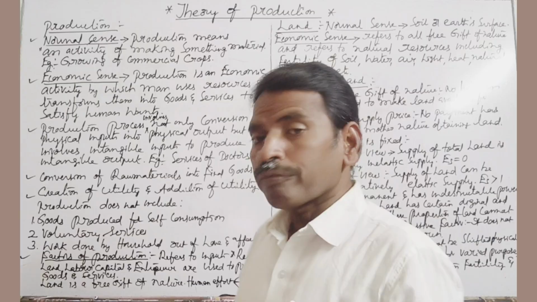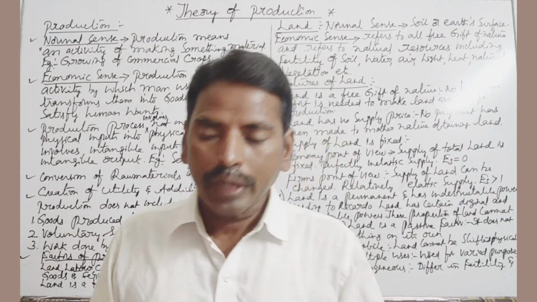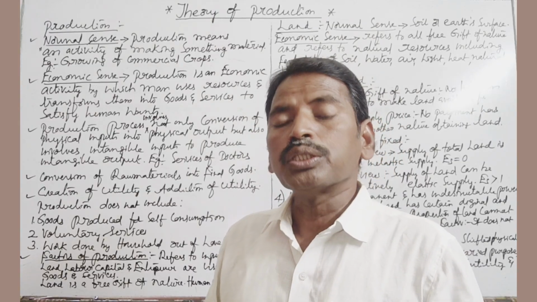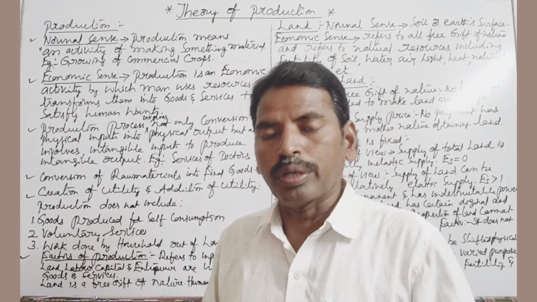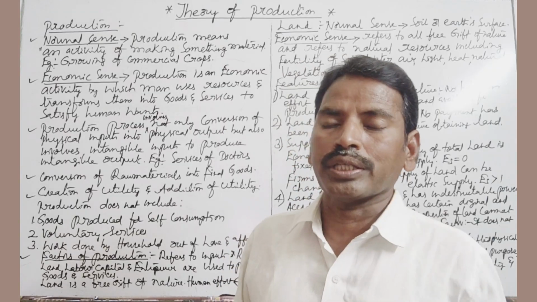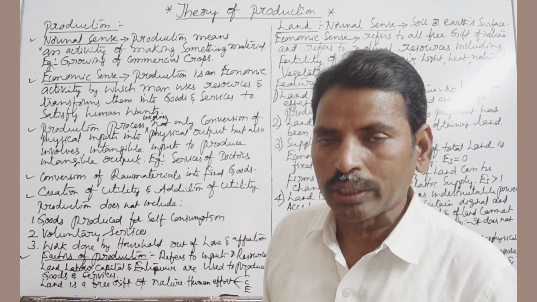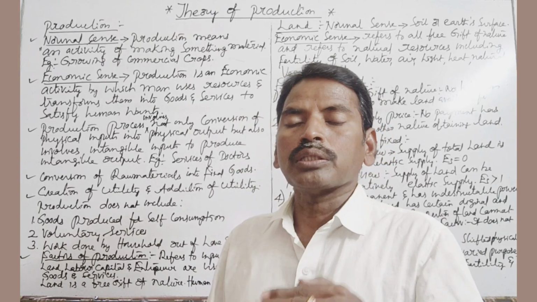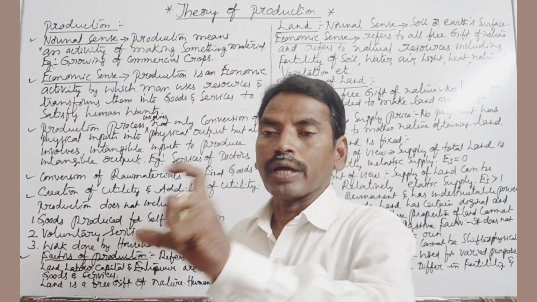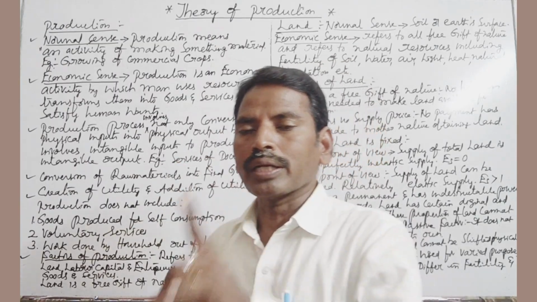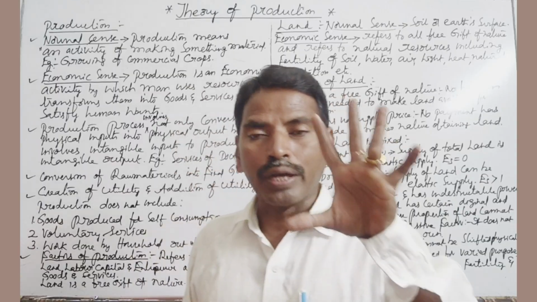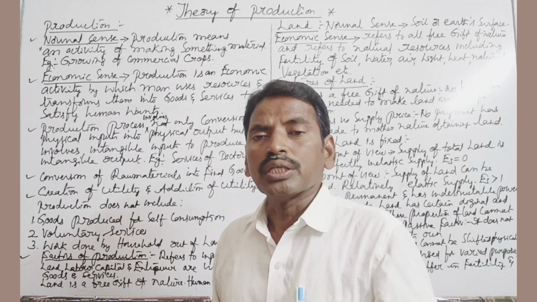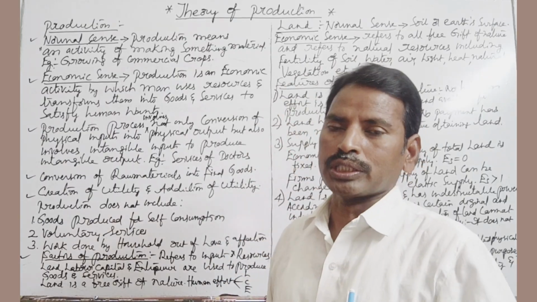Next, factors of production. Factors of production refer to inputs, resources, instruments of production, agents of production, means, etc. The inputs that are used in the production process are called factors of production: land, labor, capital, and organizer.